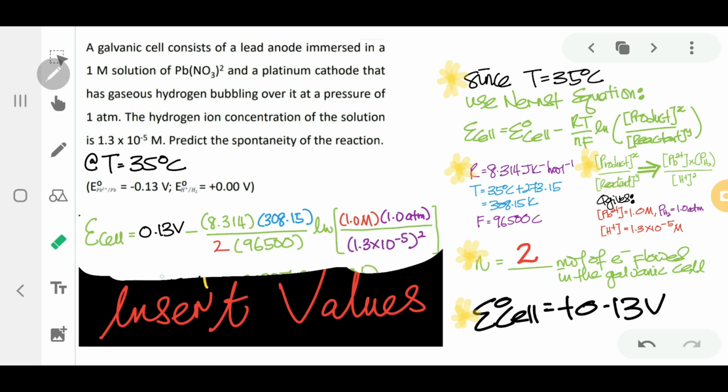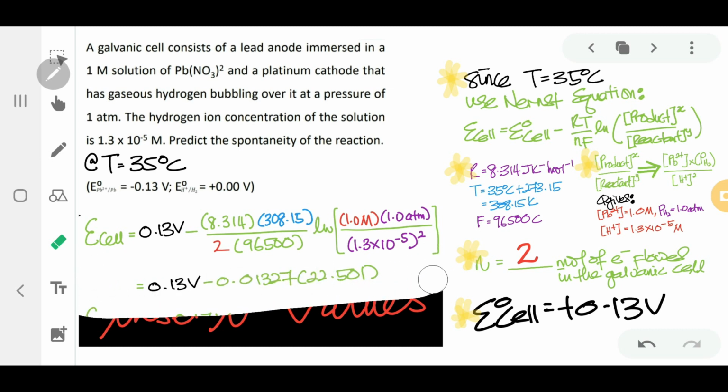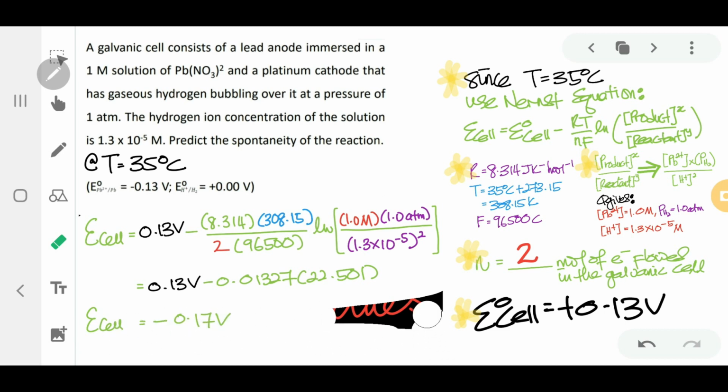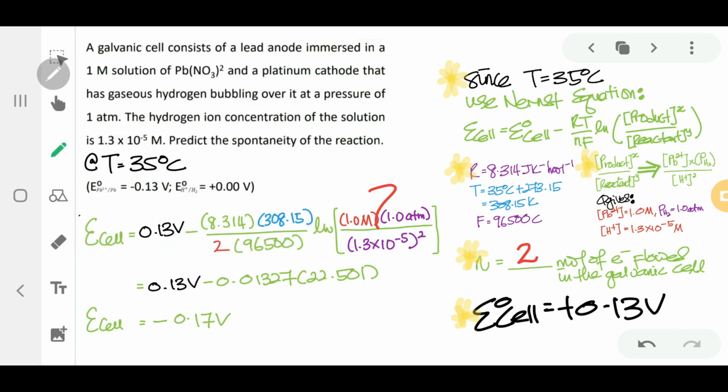Okay, so when you try to work that out, you'll get the E cell value equals to negative. So you have negative value over here. So that one will be 1 mark.